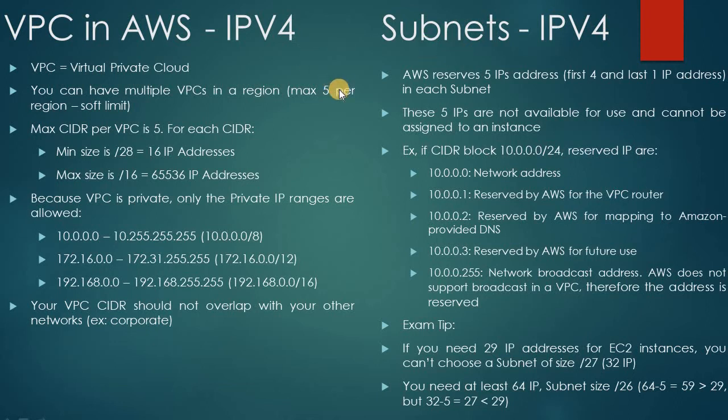Like you have 65,000 IP addresses; after dividing them, we will allocate half to the private network and half to the public network. So how can we create a subnet? As I told you, if you want to divide your network into parts, we call that a subnet.